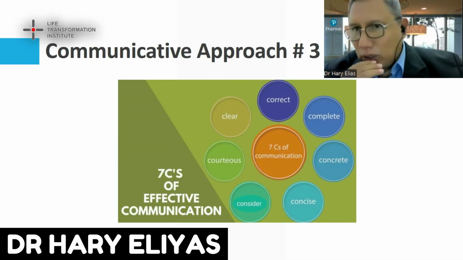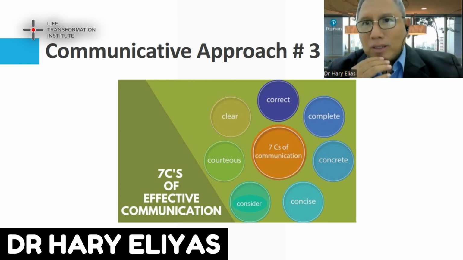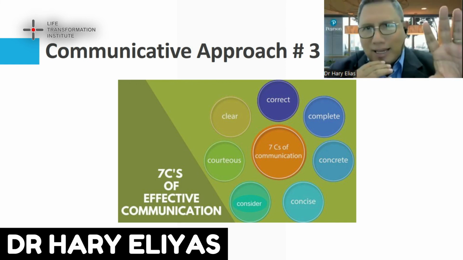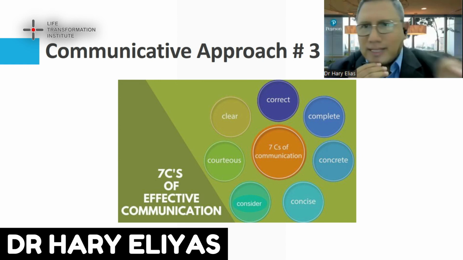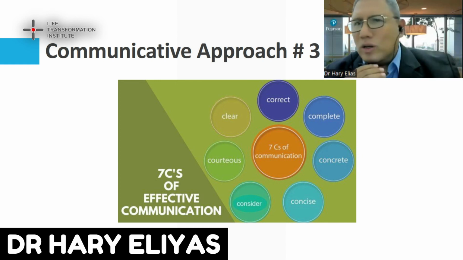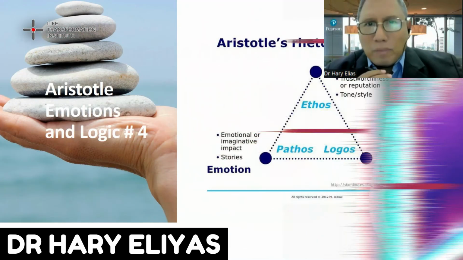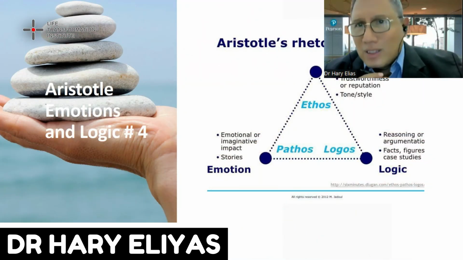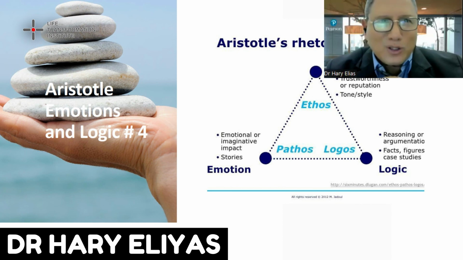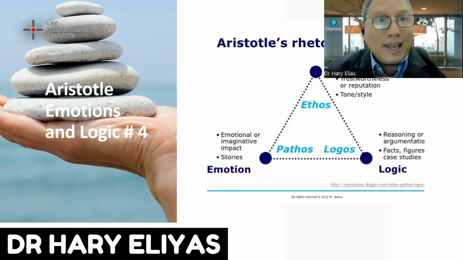Then we looked at the communicative approach, very important, where you have hierarchy. So when you're looking at this, you can research, go to Google, just Google it. There's a lot of material on Google. The 4th approach we looked at was Aristotle, our oldest approach to persuasion. He says credibility, logic, emotion.